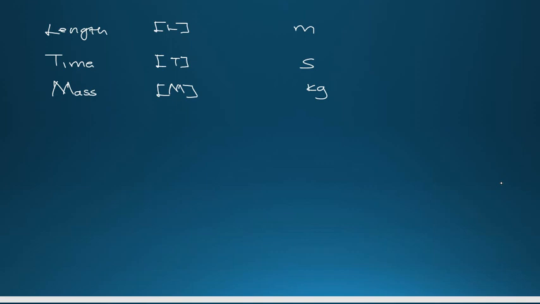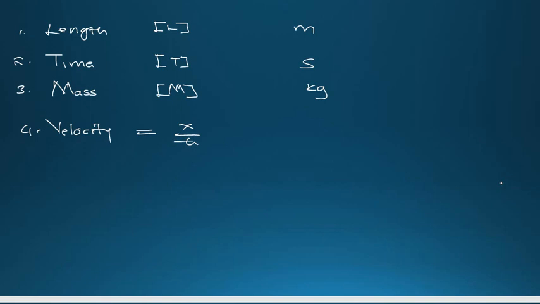What about velocity? How can you now find the units of velocity? Let's talk now about velocity as this is our number one. So you should take note of this, guys. Velocity is defined as the rate of change of displacement over time.